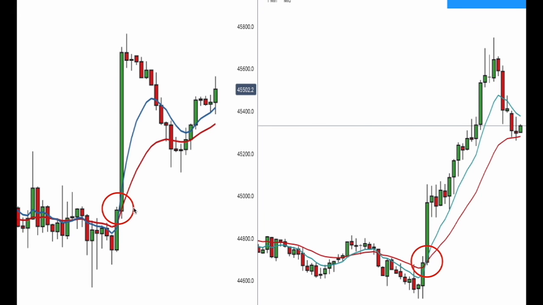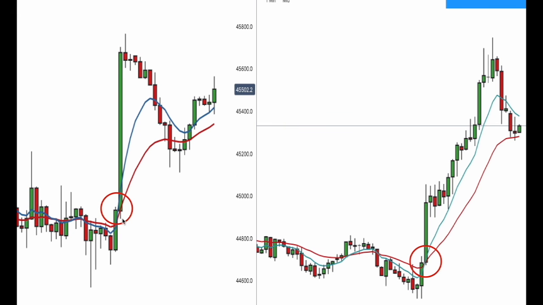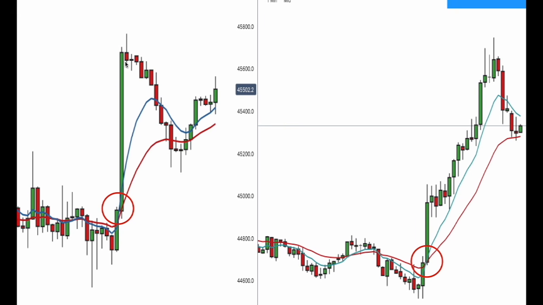On the 4-hour chart here, you had a good green candlestick closing above the channel of value, and then you got a wick at the bottom here, and price went up for 4 hours just about. Pretty good, eh?